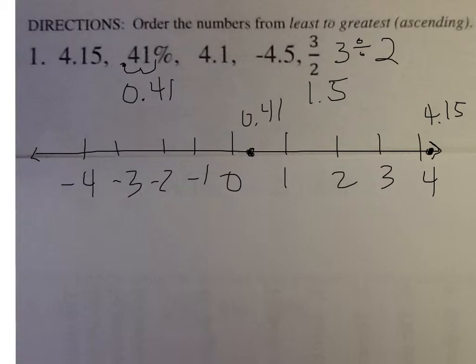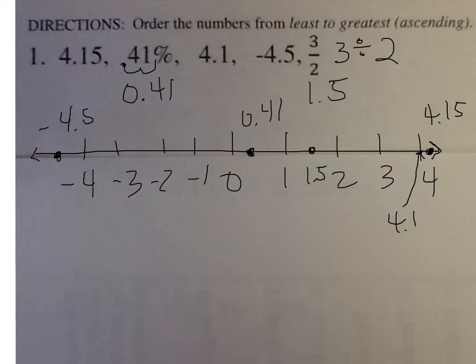And then 4.1 is going to go kind of right in between 4 and 4.15. And then negative 4.5 is going to go down here, halfway in between negative 4 and negative 5. And then we have 3 halves, which is 1.5. So that goes directly between 1 and 2.